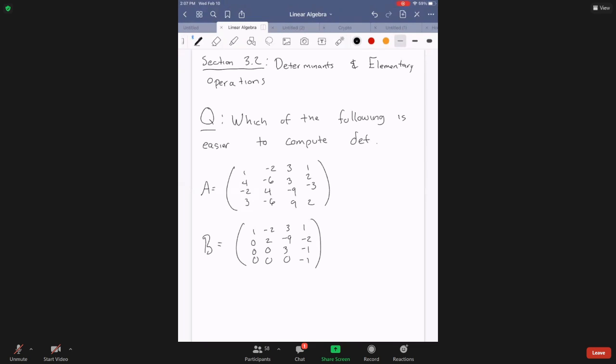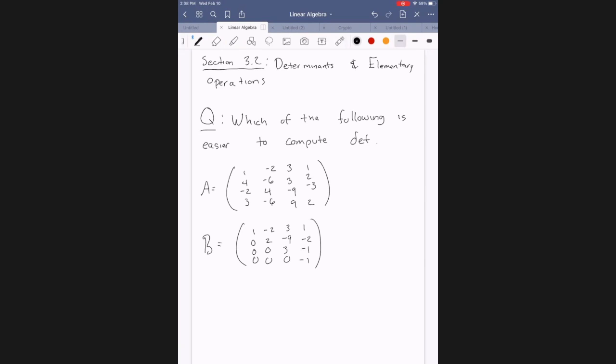Okay, so according to the theorem that we just stated, which one would be the easiest? Obviously the second one, right? Because that'd just be the product of the diagonal. However, now notice something. A and B are actually row equivalent.